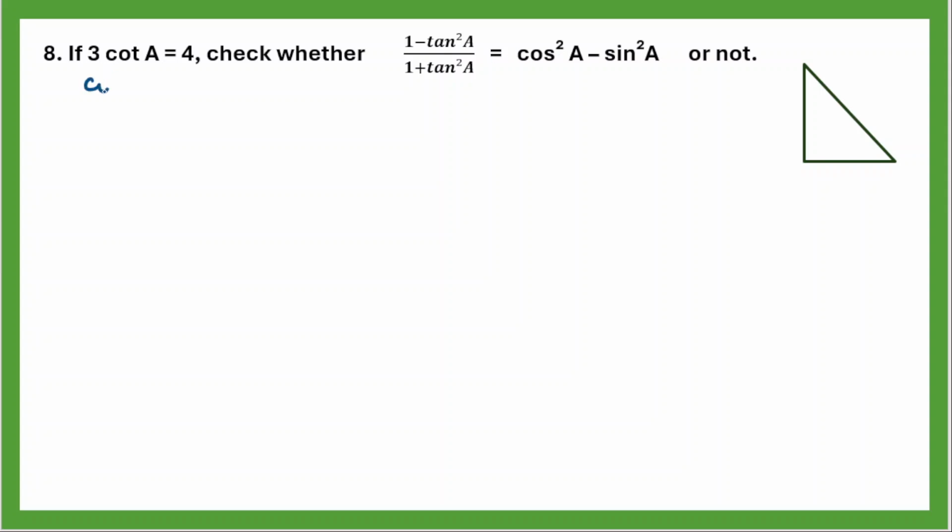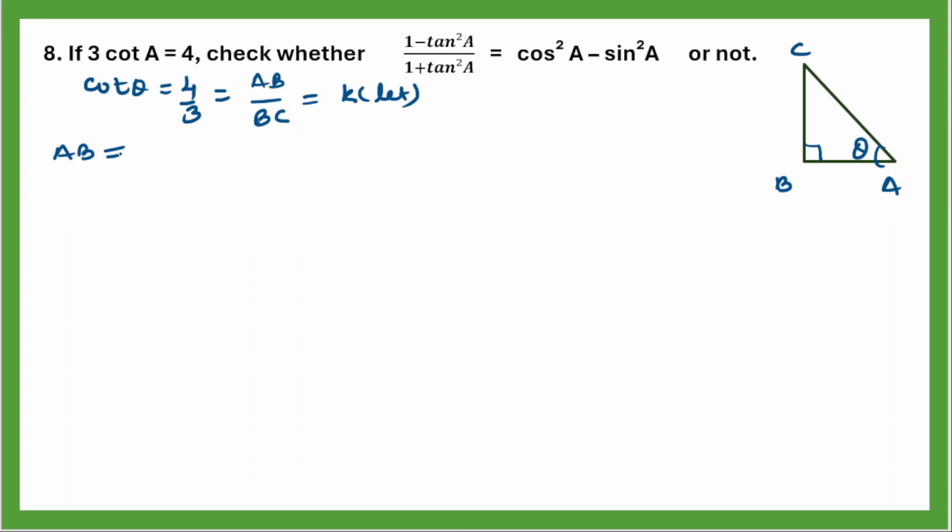So, we will write cot theta is equal to 4 by 3. Okay. Let it be A, B, C. And this be your theta. So, what is your cot theta? It is equal to AB divided by BC, which is equal to 4 by 3. Let it be K. So, your AB is equal to 4K. Your BC is equal to 3K.